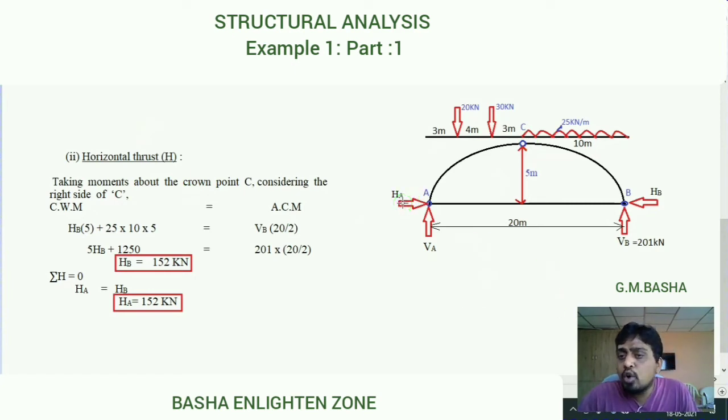Here there are no horizontal loads given on the arch, so whatever the load HA, it will be equal to HB.